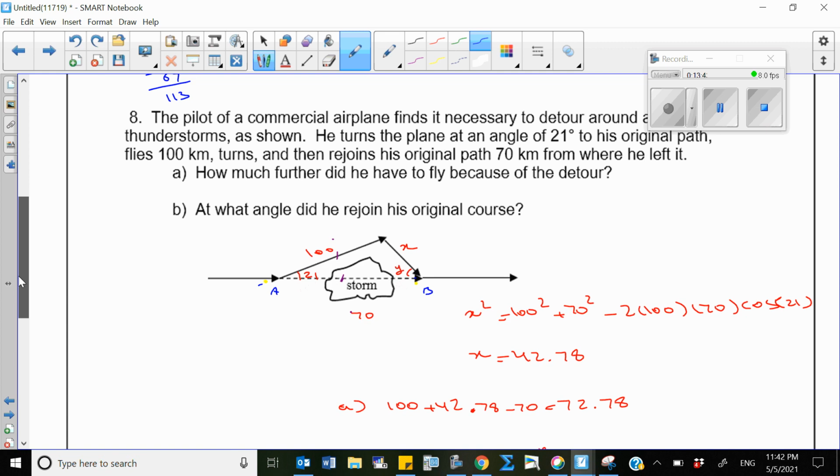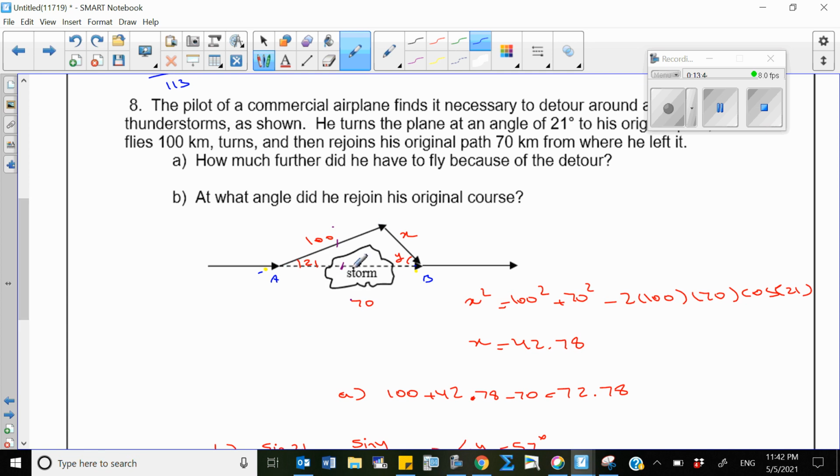So look at the shape that we have here. We have a triangle. We have this side and the angle between them. So this is a side, angle, side. And we use law of cosine to find the opposite side of this angle. So x squared will be 100 squared plus 70 squared minus 2 times 100 times 70 times cosine of the angle between them.